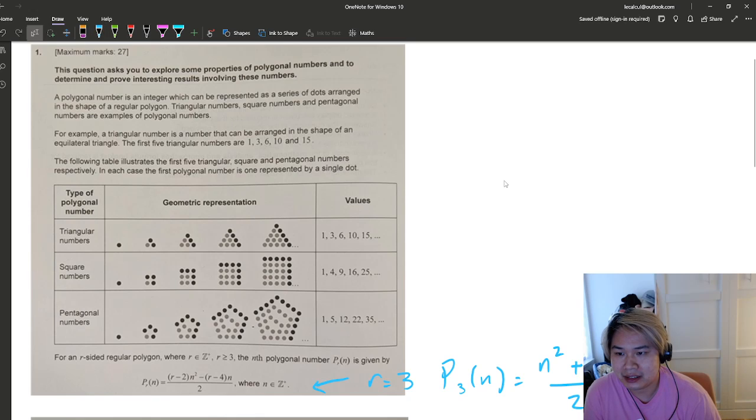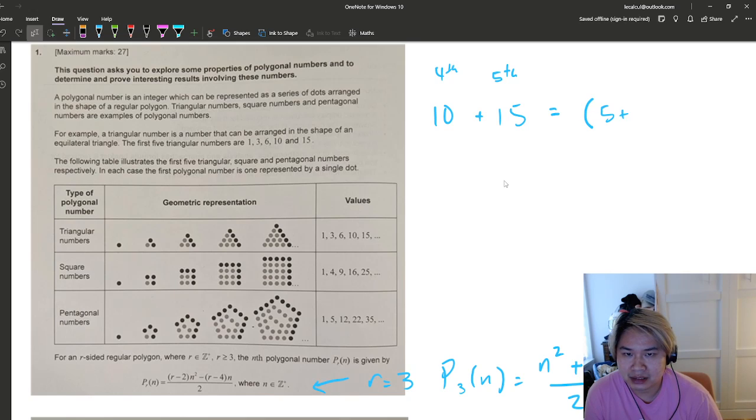So they're saying that 10, which is the 4th, plus 15, which is the 5th, should be equal to 5 plus 1 squared?